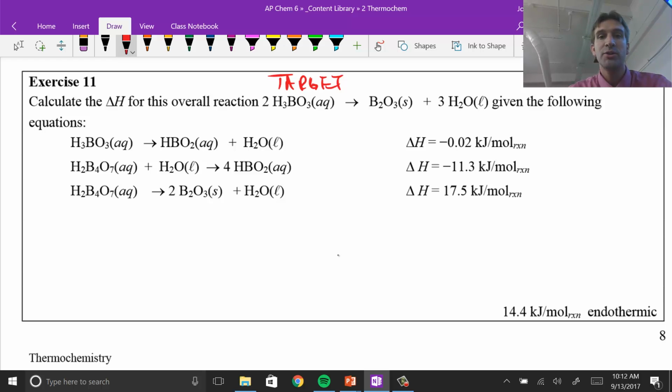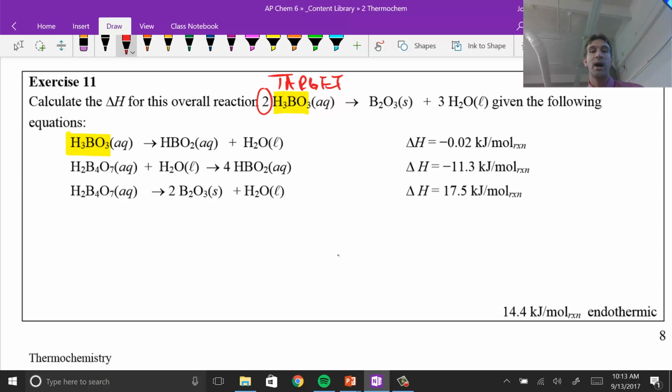This H3BO3, we want to see where that is in these sub-equations below. It's a reactant in the target equation, and we find it as a reactant here in one of my sub-equations. There is an issue though. My target equation has a 2 coefficient.